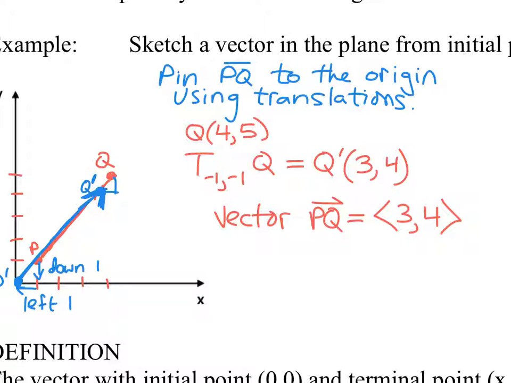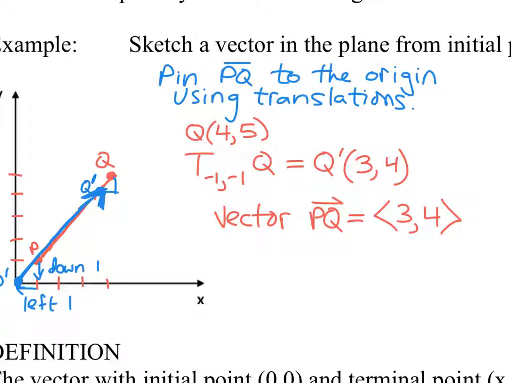That's a lot of fancy notation, but really it's just saying, move the points over, find the endpoint of the new line segment, that's your vector, taking on the values of the original coordinates.